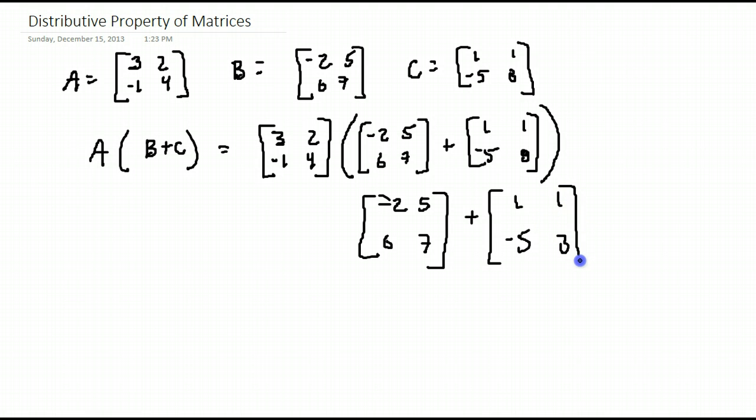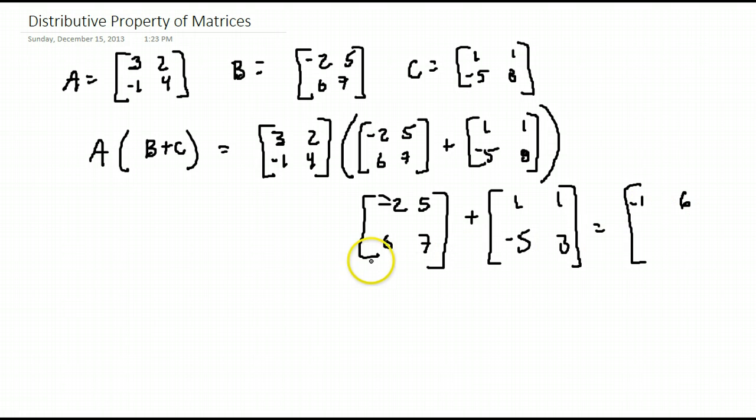So we just need to add the corresponding elements. First row, we have -2 plus 1, which gives us -1 for our first element. The second element of the first row is 5 plus 1, or 6.